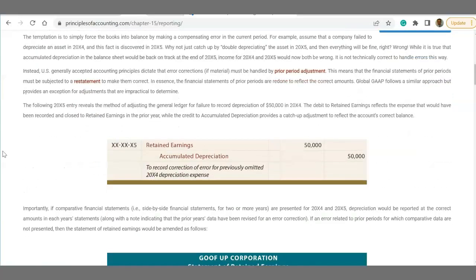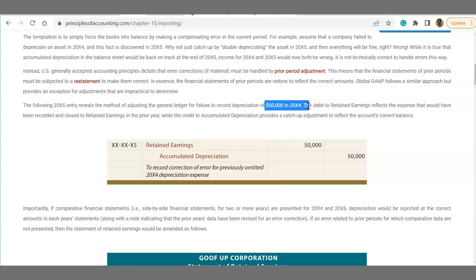So let's look at an example here. The following 2015 entry reveals the method of adjusting the general ledger for failure to record depreciation of $50,000 in 2014. For some reason, they missed that in their adjusting entries at the end of 2014. So in 2015, when they figured this out, it's already late.